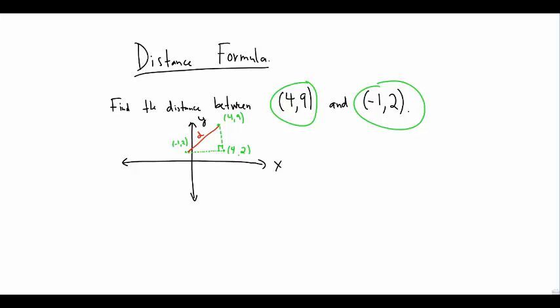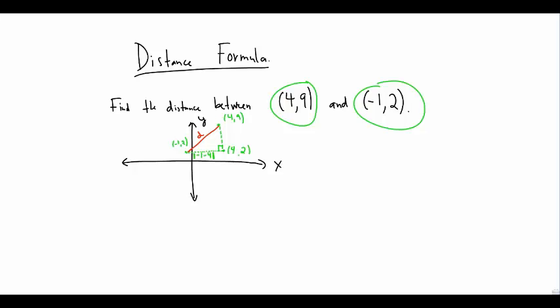For the horizontal leg down here, you can think of its length as the distance between x equals -1 and x equals 4, which is represented using absolute value: the absolute value of -1 minus 4.